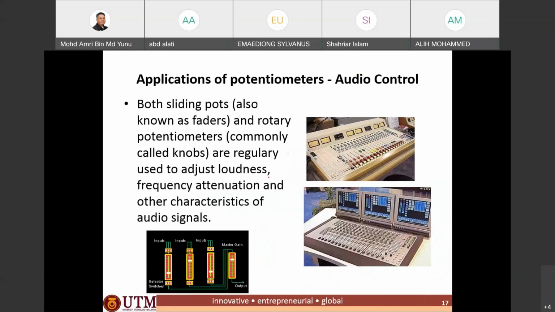This is a linear potentiometer, a sliding potentiometer. It is regularly used to adjust sound quality parameters such as loudness, pitch, frequency, and so on.